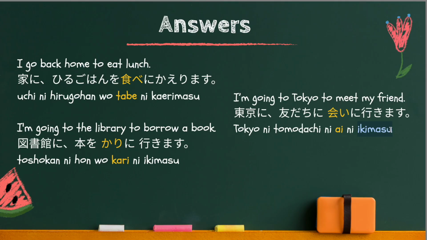Now I will read the sentence, so please repeat after me. うちに昼ご飯を食べに帰ります。図書館に本を借りに行きます。東京に友達に会いに行きます。Very good job.